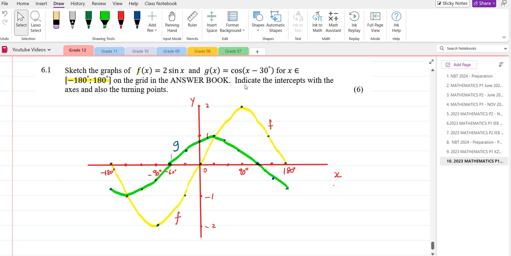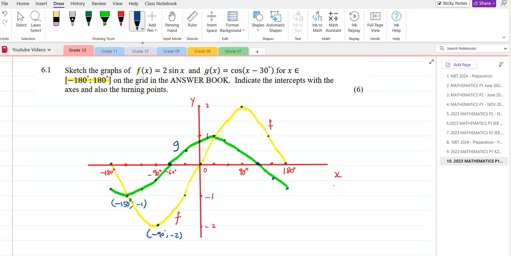Indicate the intercepts with the axis and also the turning points. There are all the turning points here, right? So the turning point is at negative 90 and negative 2. This turning point is at negative 150 and negative 1.